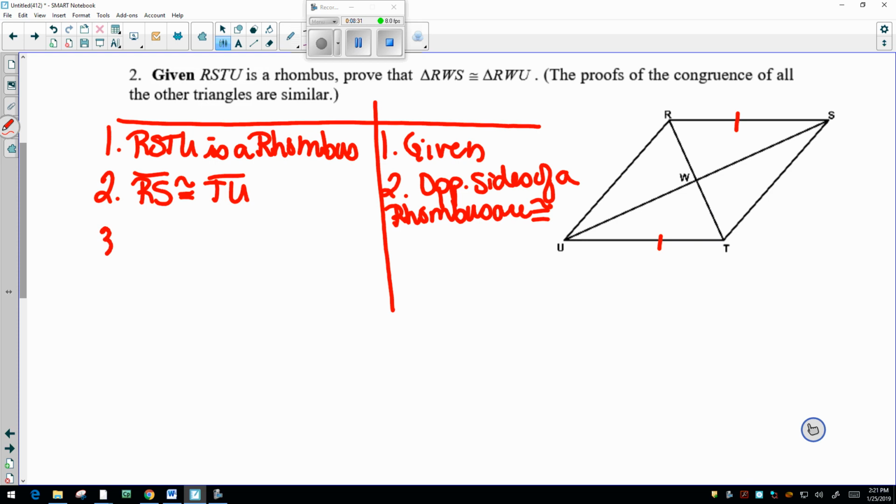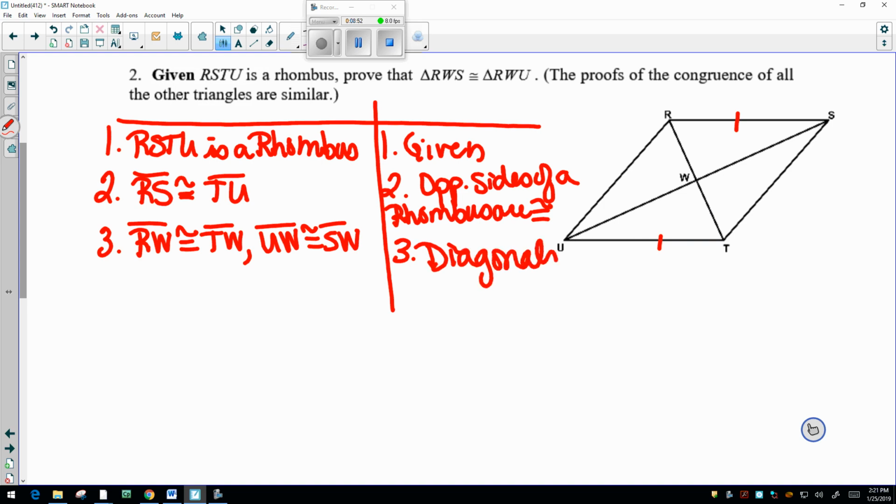Now, a property that we get from the fact that a rhombus is a parallelogram is we know the diagonals bisect each other. So we can say then RW has to be congruent to TW. And we also know then that UW has to be congruent to SW, because we know the diagonals of a rhombus bisect each other.